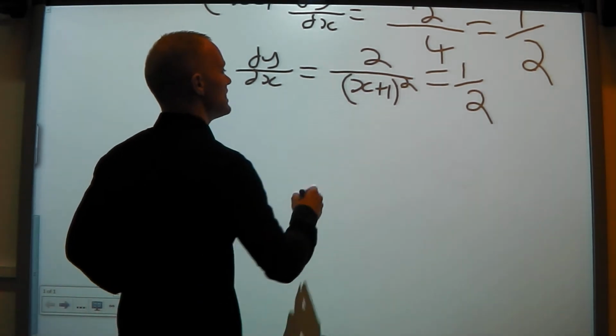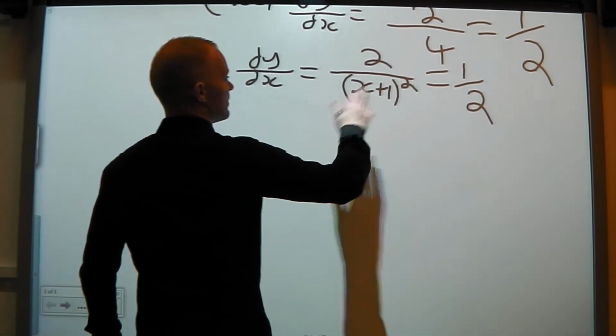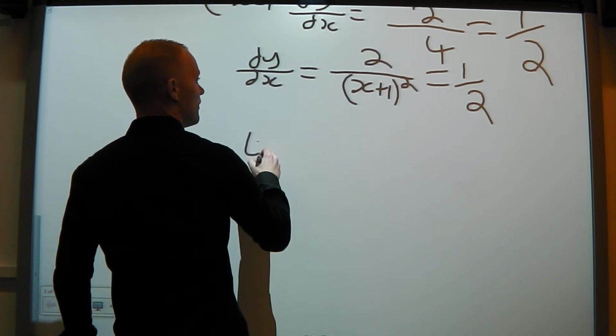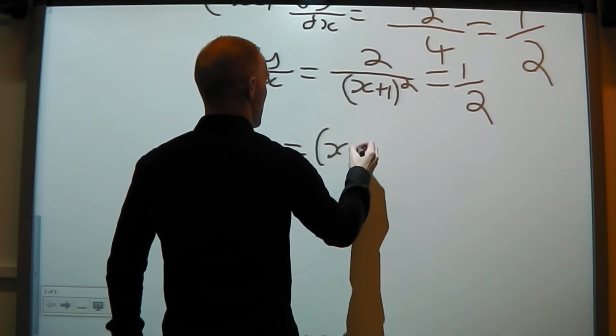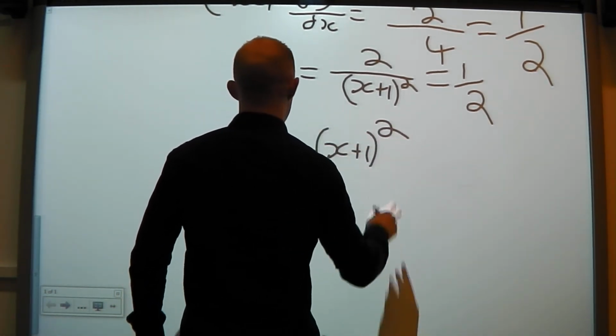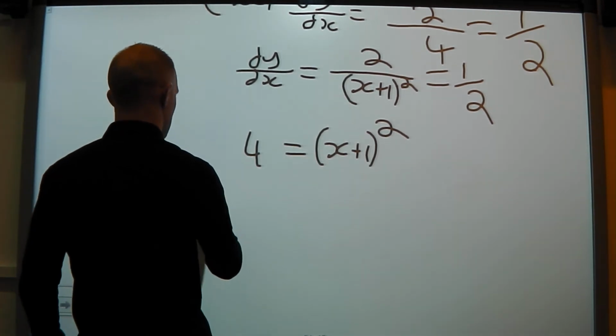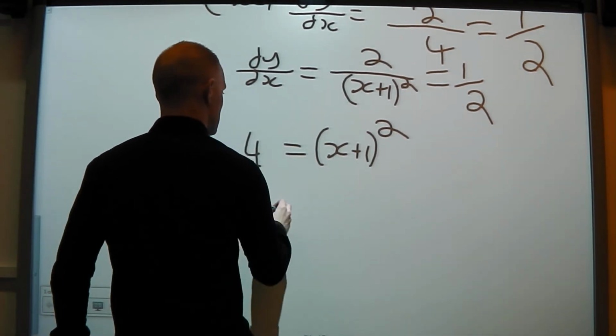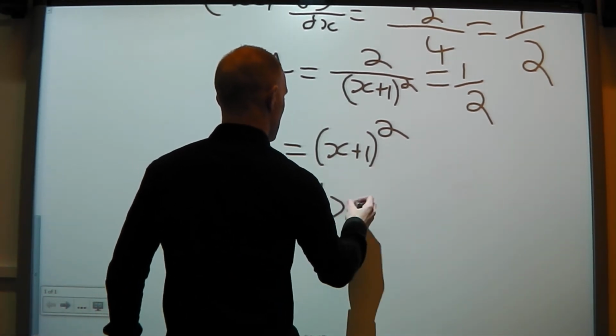So we multiply both sides by x plus 1 squared. We basically cross multiply. 4 is equal to x plus 1 all squared. We can get the square root of both sides. That implies 2 is equal to the absolute value of x plus 1.